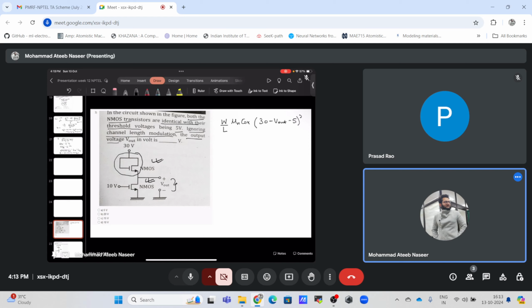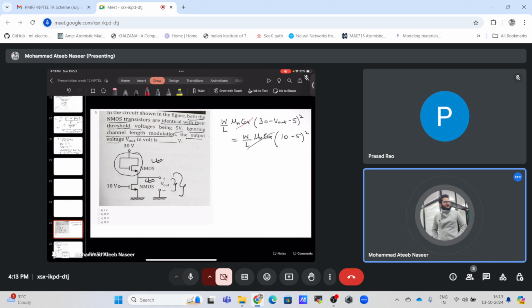Minus VTH whole square is equal to W by L mu n C ox times VGS for this MOSFET, which is simply 10 minus VTN, 5, whole square.